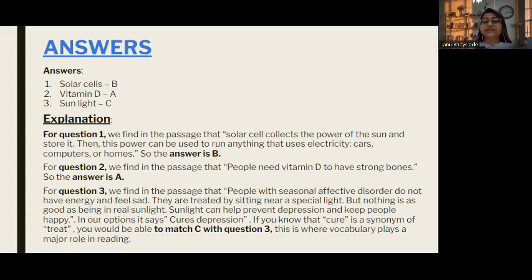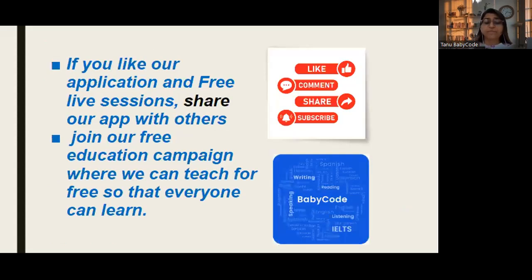I hope it was a helpful session for you. Now, whenever you start attempting your matching headings and matching information, please apply these strategies. Look for the synonyms, look for the rephrased statements always, and then find your answer.